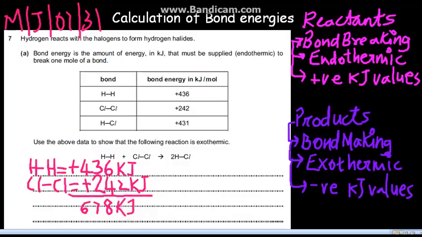Now let's calculate the amount of energy that is released when bonds are formed. Because when products are formed, like I told you, bonds are made, and bond making is exothermic, and all the values of exothermic will be negative.